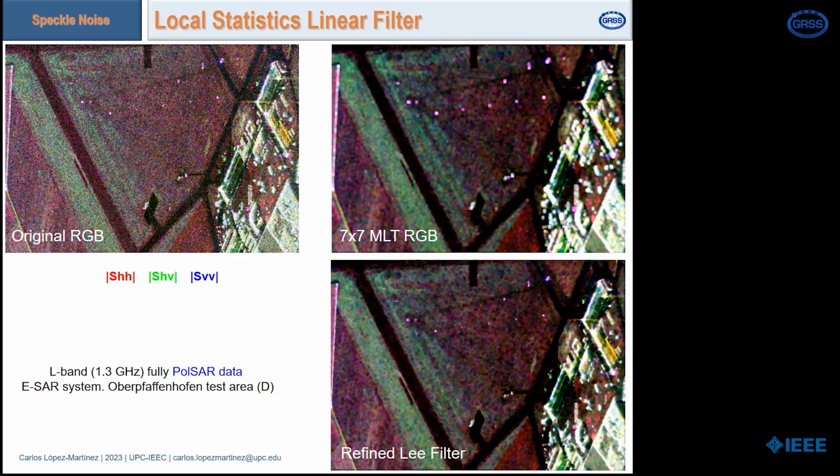Life is a bit more complex, but in the extreme case I keep this because this has no speckle. This has speckle. He's trying to say, from the perspective of signal to interference ratio, that the signal is that point target and the interference is the rest.